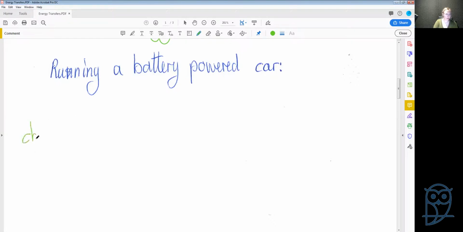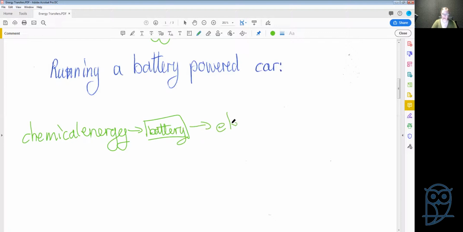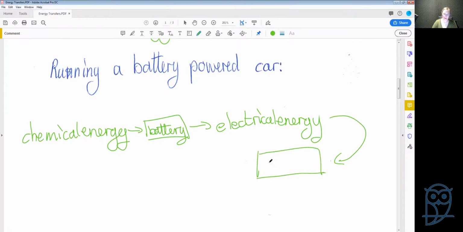Our battery starts with chemical energy, which then becomes electrical energy, which then becomes, via an electrical motor, kinetic energy.